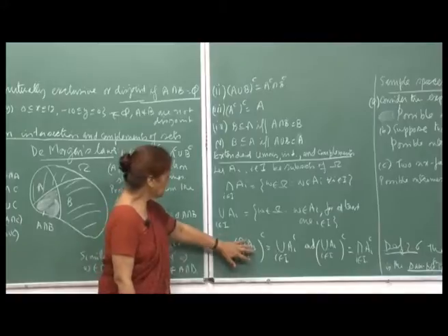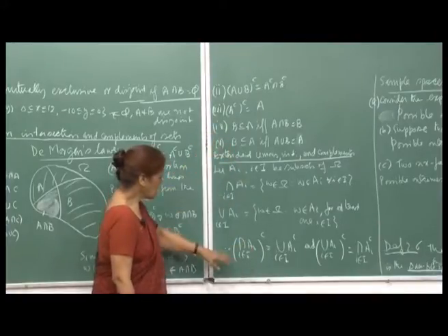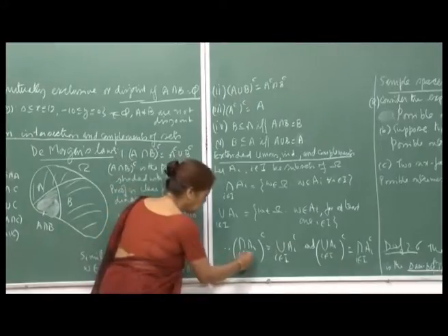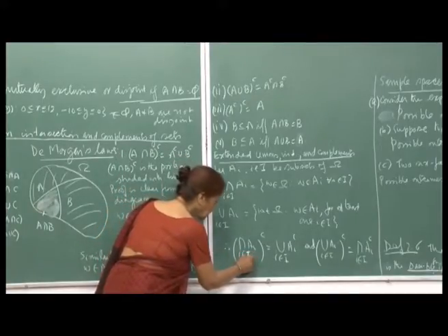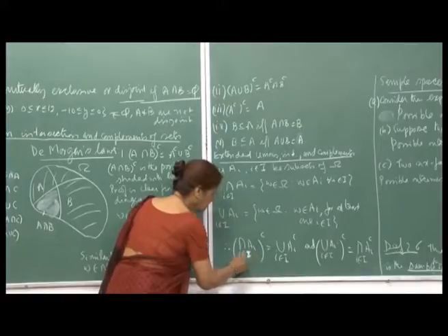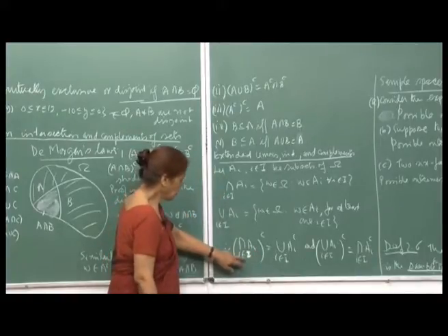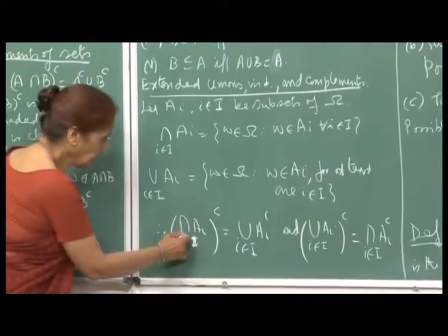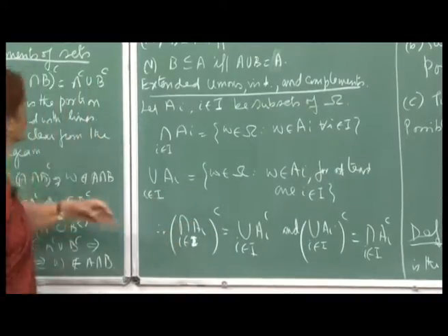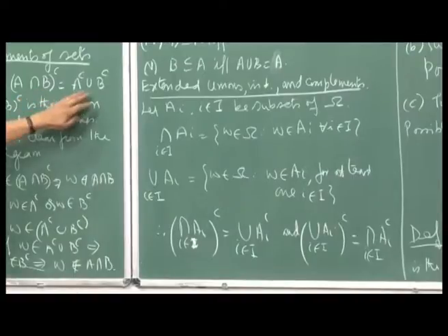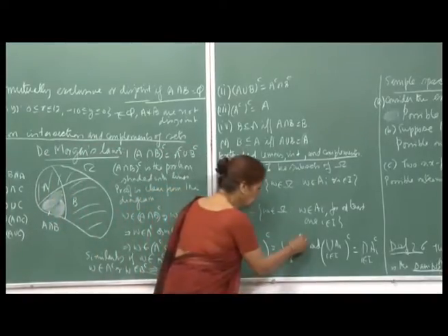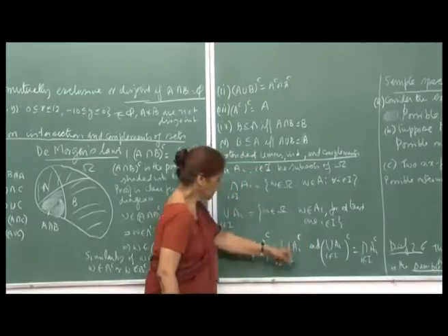And then similarly, using the definitions here, you can define the following. If you are taking the intersection of all the A_i's, i belonging to I, and then you take the complement, then by this law you immediately write it down as the union of A_i complements.